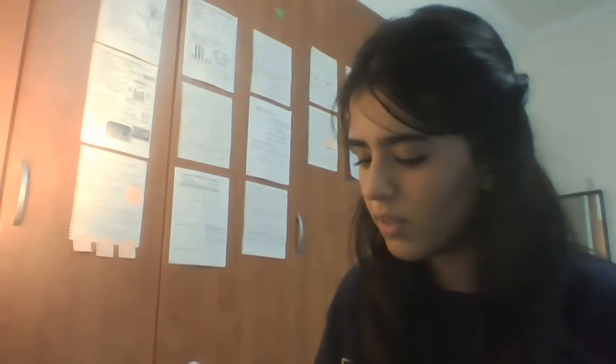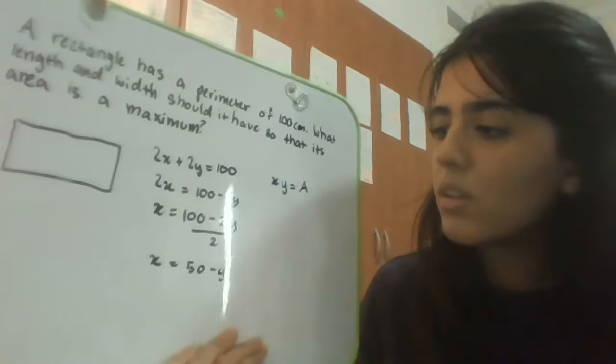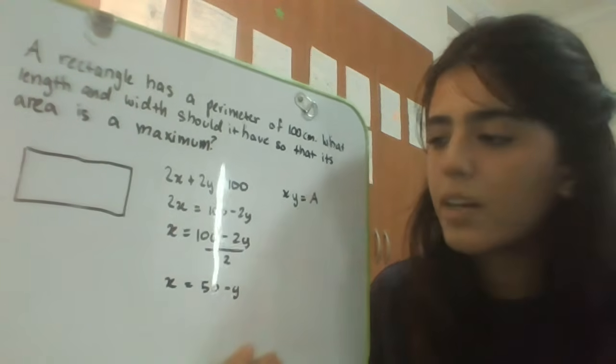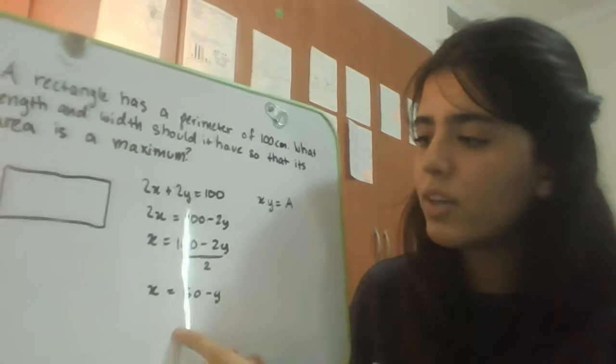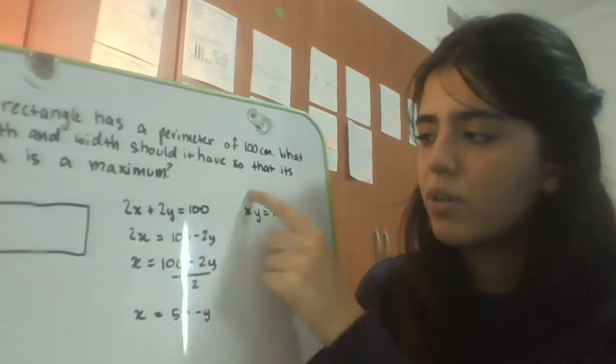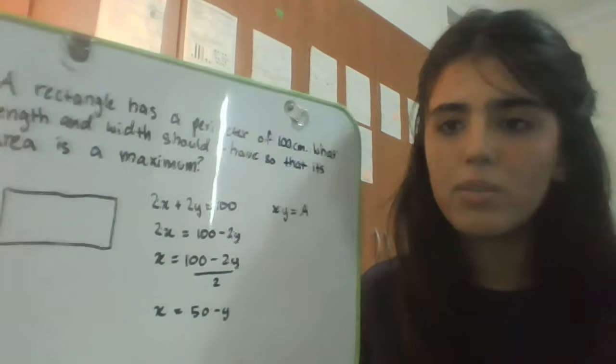X equals 100 divided by 2 is 50 minus 2y. The 2's cancel out, so it's just y. Then you'll be left with x equals 50 minus y. That's your rearranged simplified equation. And now what you can do is just directly plug this into the area formula into x. Let me do that real quick.